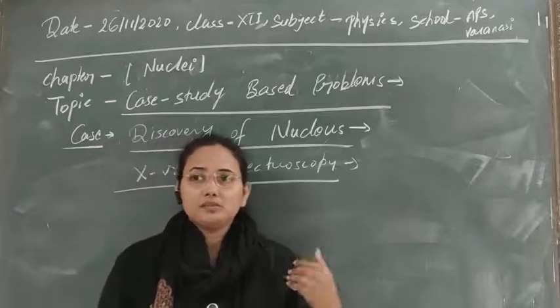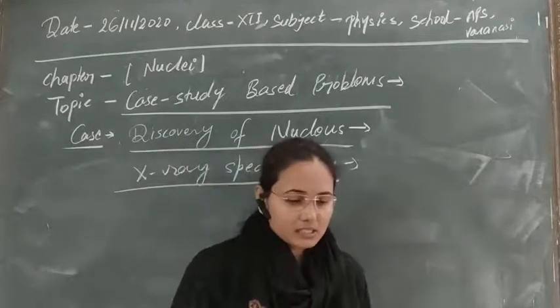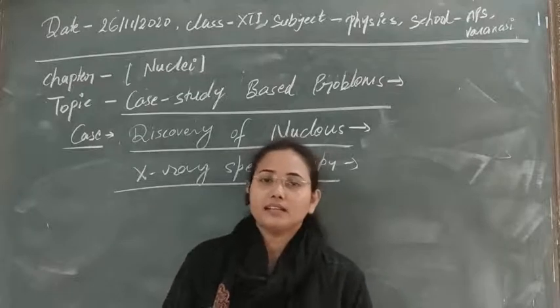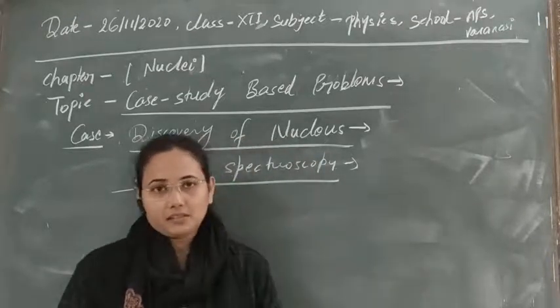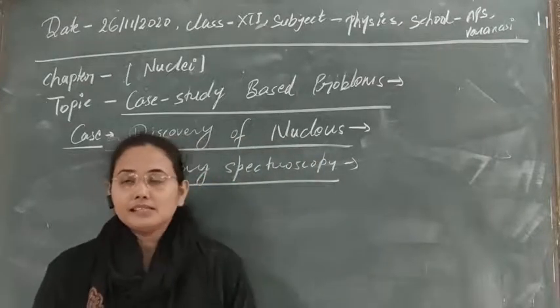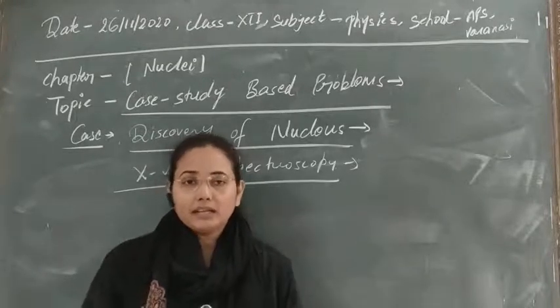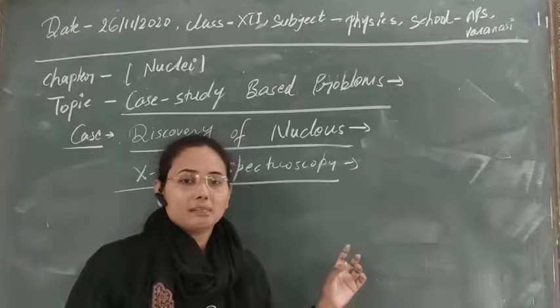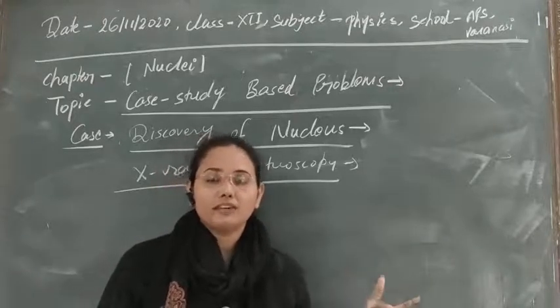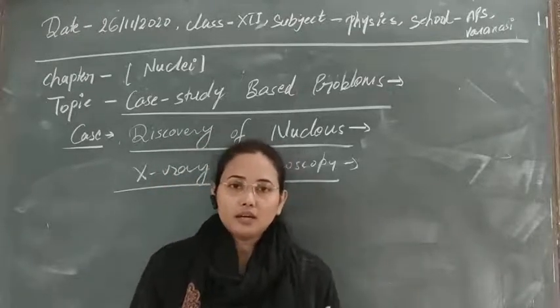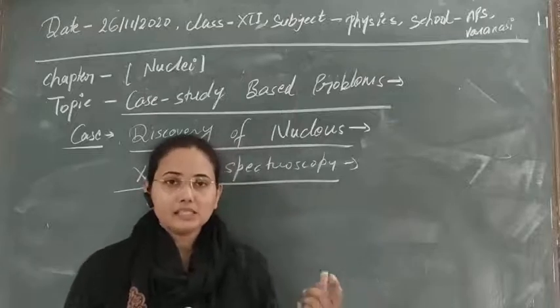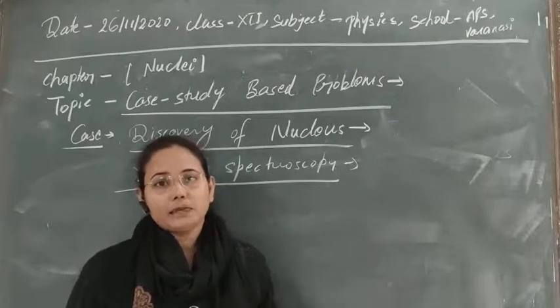But suppose we are asked: what is the difference between the continuous and characteristic spectrum? The basic difference is that in the characteristic spectrum a particular wavelength or frequency is obtained, so the spectrum is seen in the form of a line spectrum.